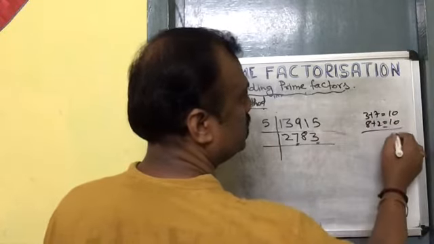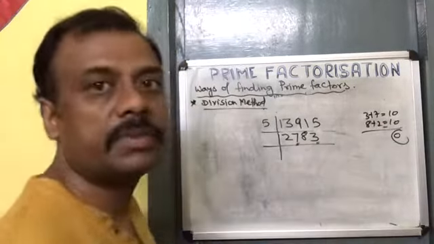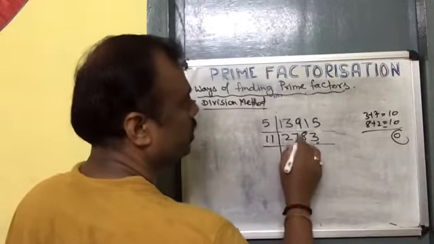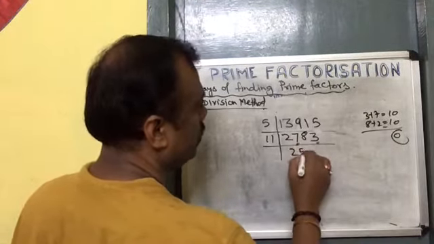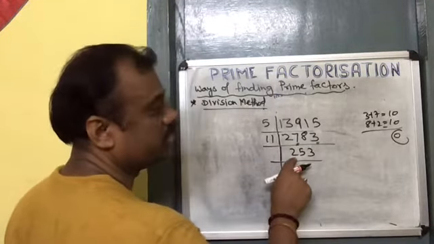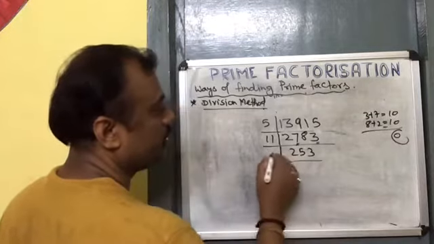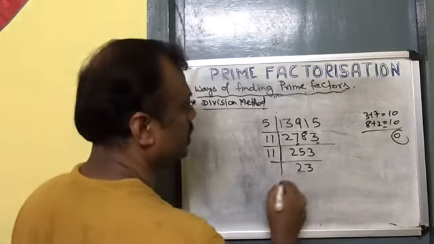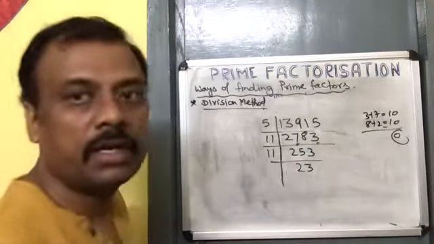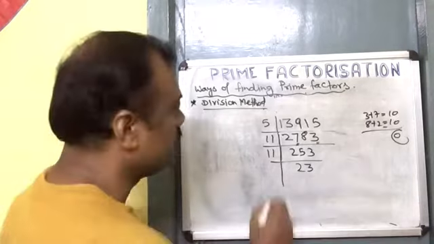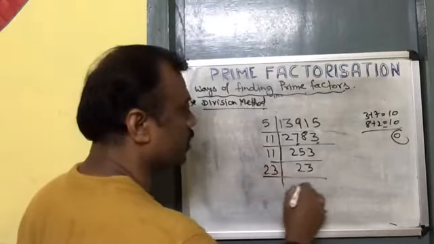The difference is 0, so this number must be divisible by 11. 11 2s are, 5s are and 3. Again you can apply the same method. It will be divisible by 11 again. 2s are and 3s are. And as you know that 23 is a prime number, so it will be divided by 23 only.